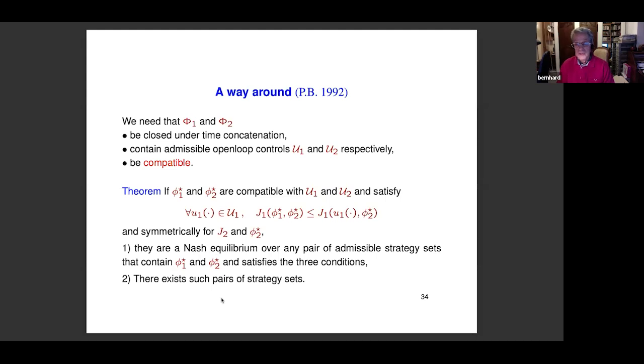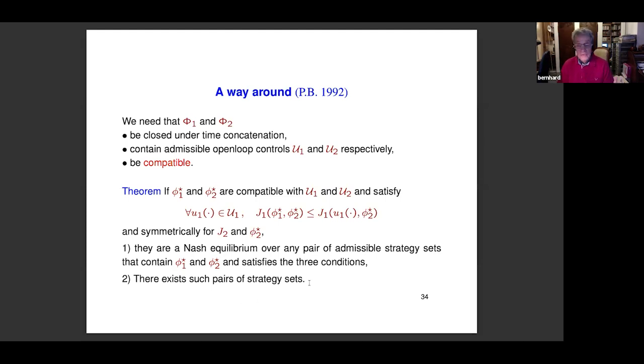Nothing very original, because again, I don't define explicitly what are phi 1 and phi 2. But at least I say that if you use open loop controls as comparison controls, you can ascertain that the phi 1 star, phi 2 star that you have exhibited are the equilibrium strategies of a Nash equilibrium.